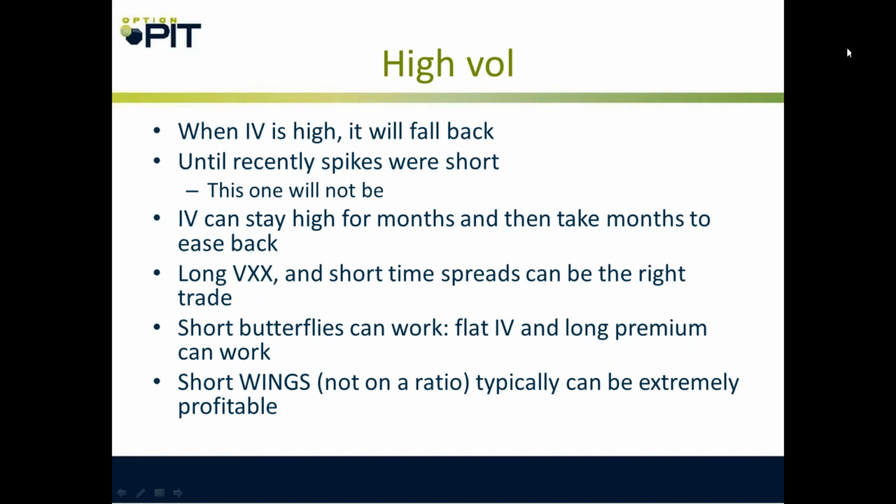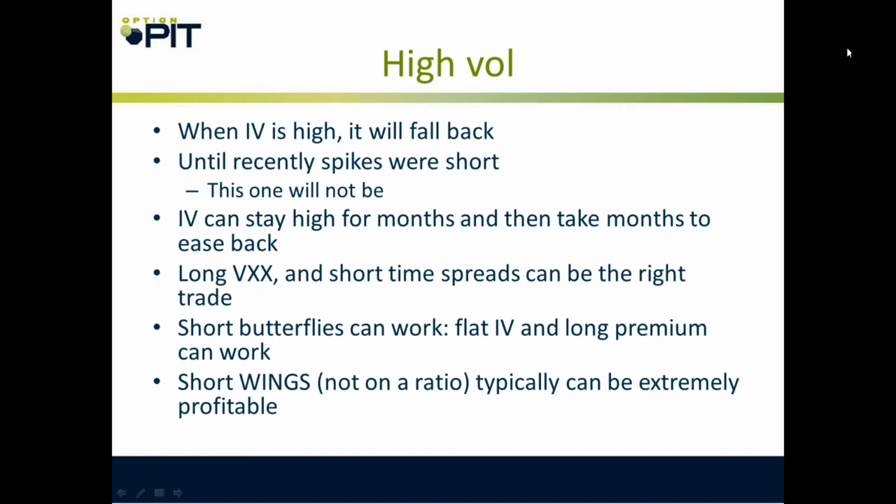So what about high vol? When IV is high, it will fall back. Up through 2015, IV spikes had been 1 and 2 day events. Now they've seemed to be more like 2 and 3 week events. IV can stay high for months and then take months to ease back.